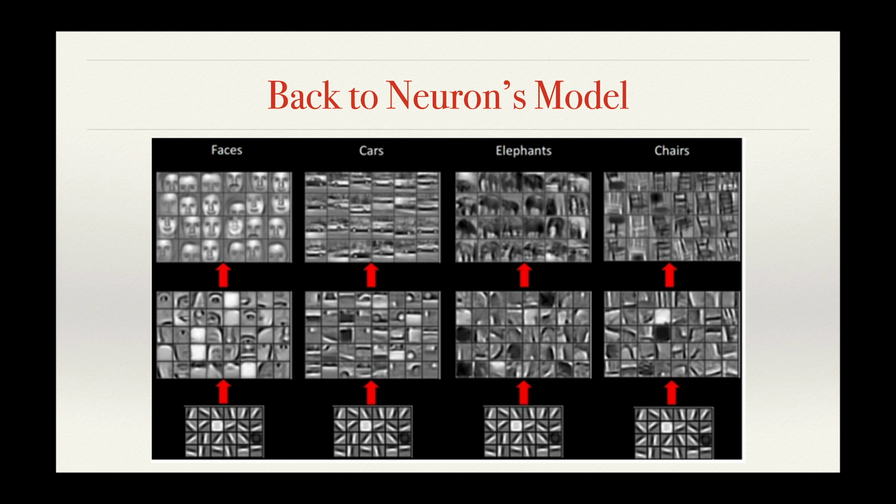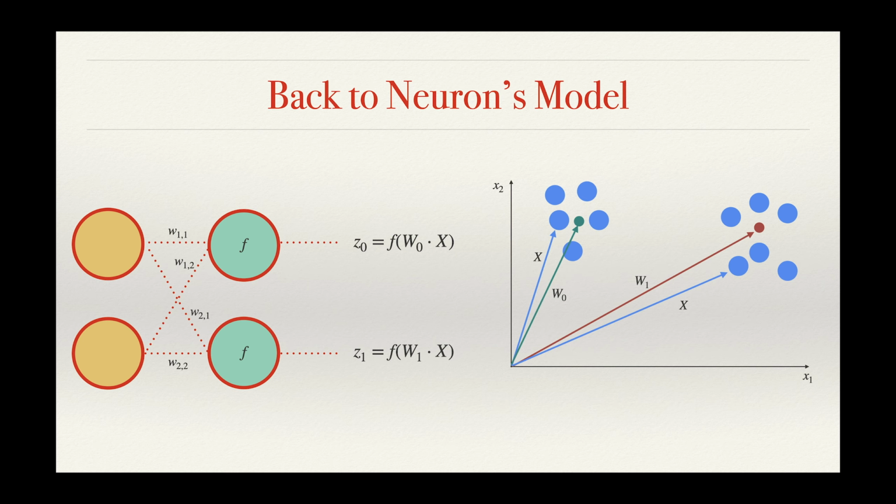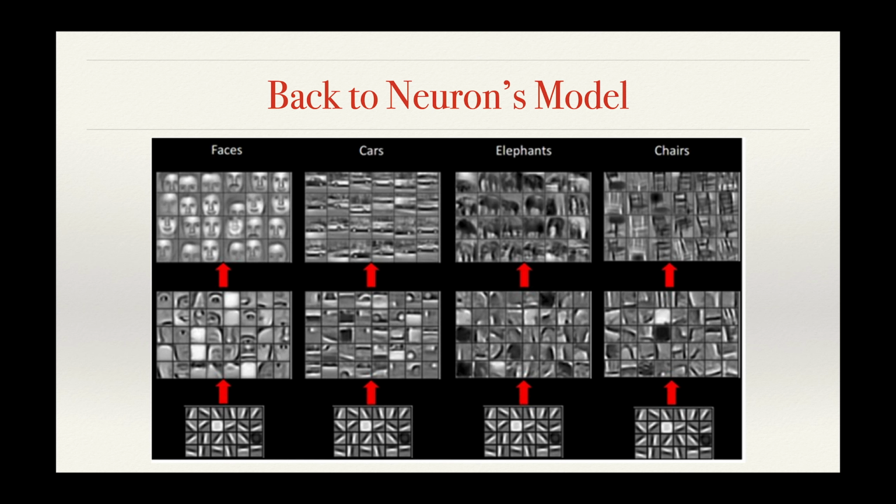So convolution is scanning this template along the image, and then creating a kind of output image. The output image is the output of this neuron here. This neuron would fire when it finds some features that are similar to the neuron.